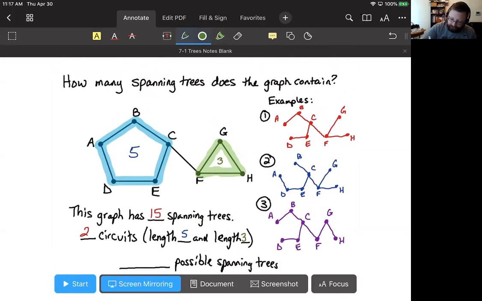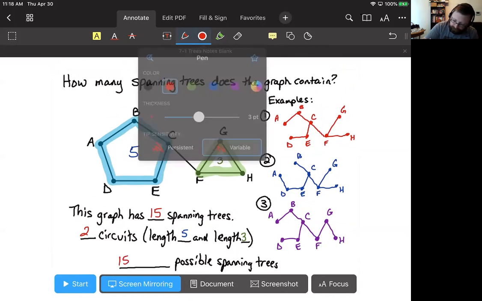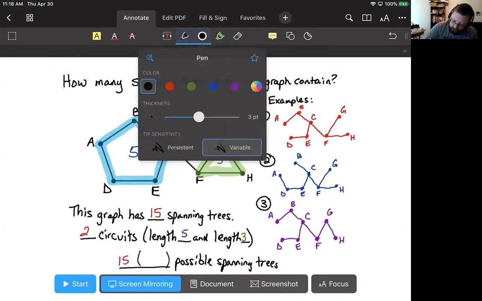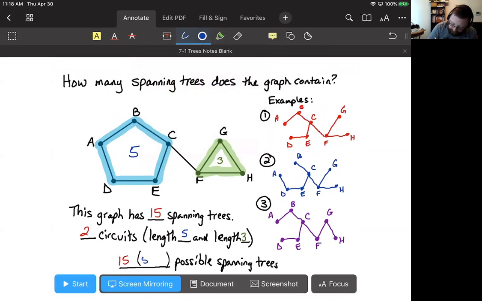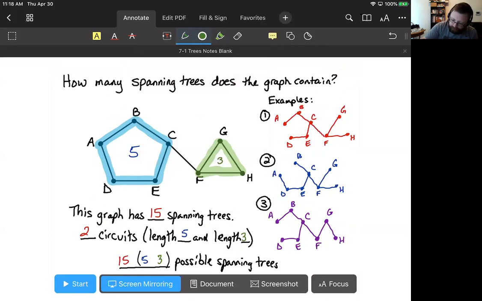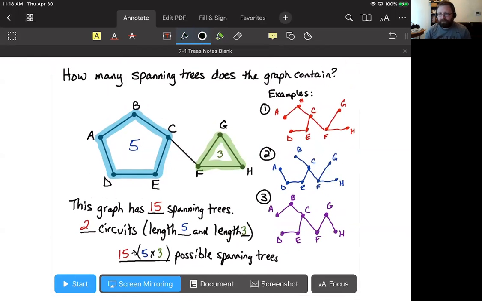So this graph contains 15 spanning trees because one circuit has 5 edges and the other circuit has 3 edges. So we just simply multiply the length of those two circuits, and that is where we get the 15 possible spanning trees from.